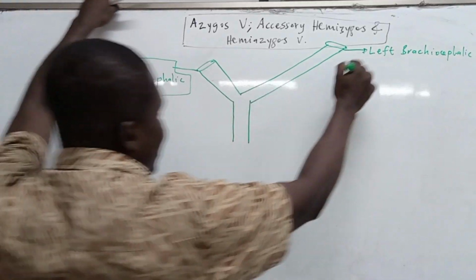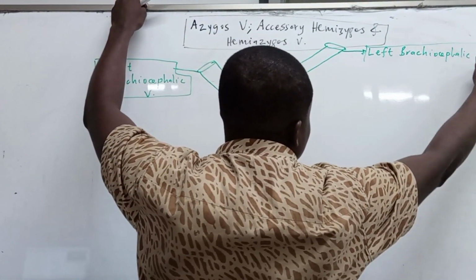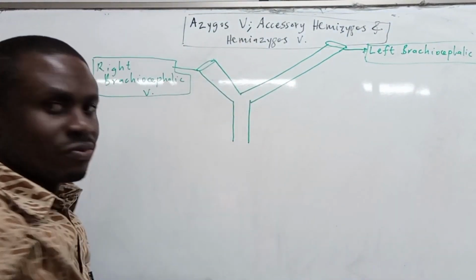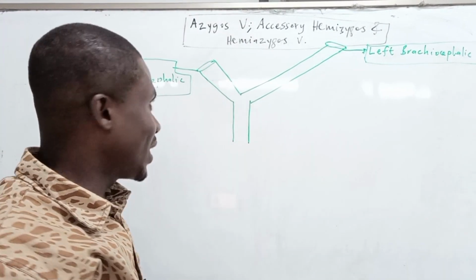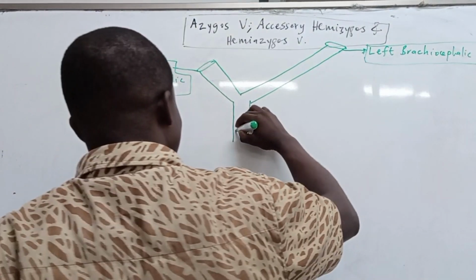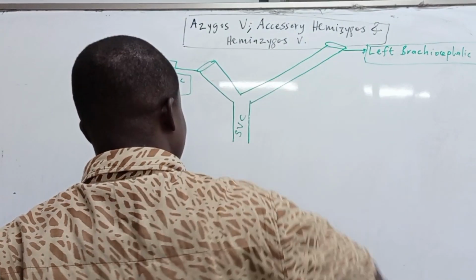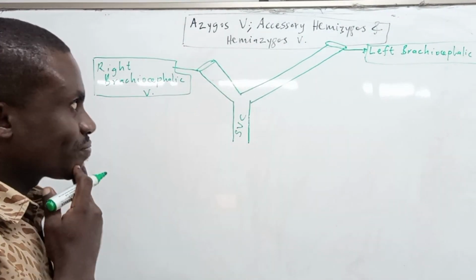These are the formative tributaries of the superior vena cava. This guy over here is nothing but my SVC, the superior vena cava.